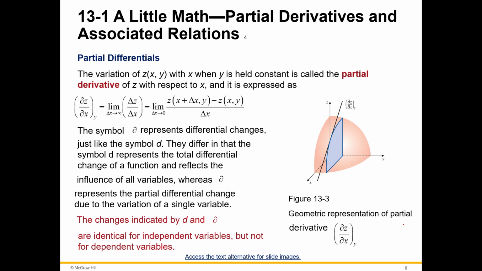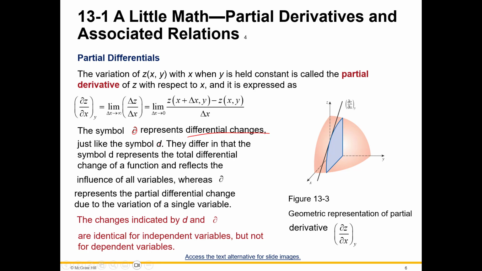So here we're just talking about partial derivatives. Of course, I do, again, have that video if you need a refresher. Typically it's a little bit covered in Calculus, so it should be pretty reminiscent of what you have done. But here's the symbol. It's like a backwards, upside down G situation. It represents the differential changes, just like the symbol d.